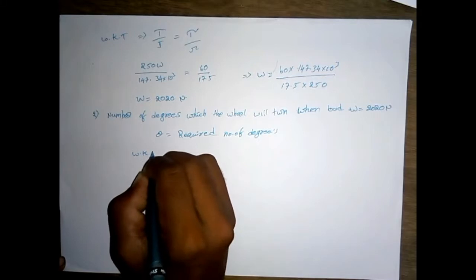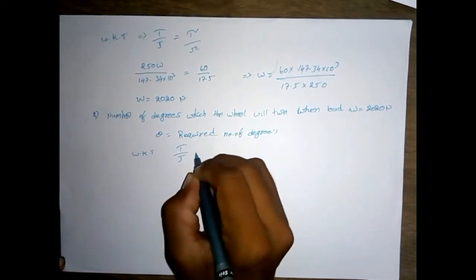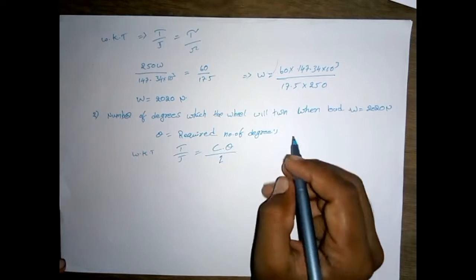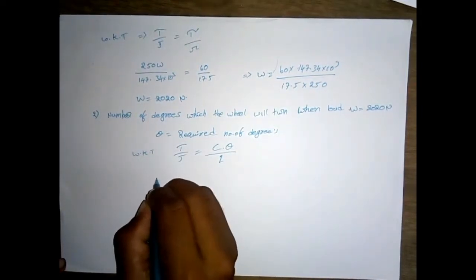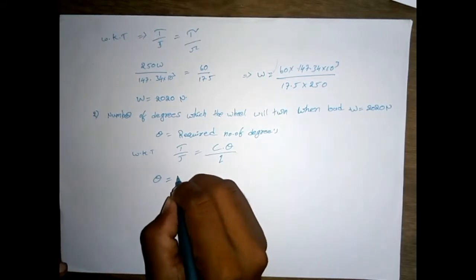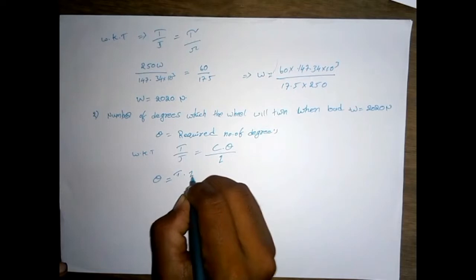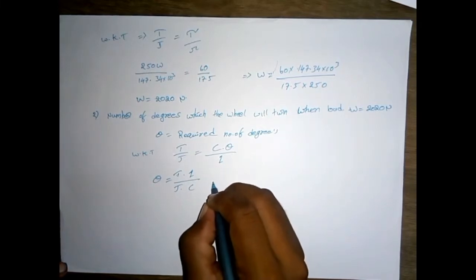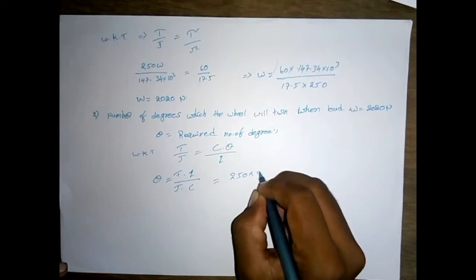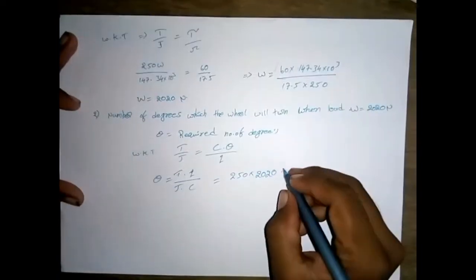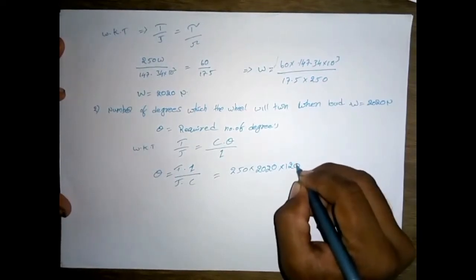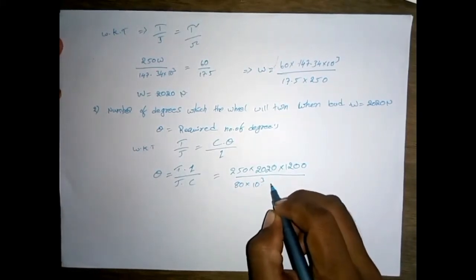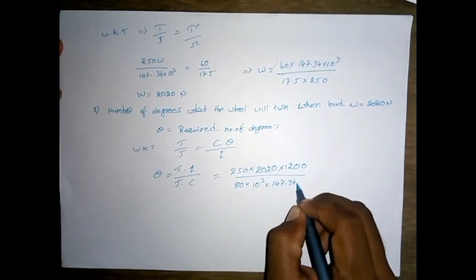We know one equation, that is capital T by capital J is equal to capital C theta by L. So by substituting all the values in this equation, we get theta is equal to T into L by J into C, that is equal to 250 into 2020 into 1200 by 80 into 10 cube into 147.34 into 10 cube.